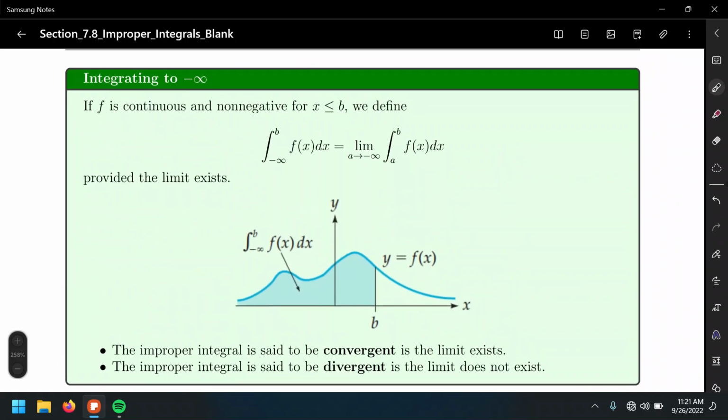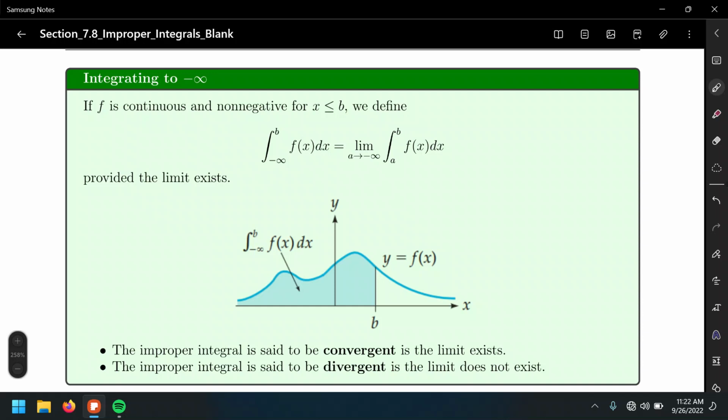So for the second case, in which the lower limit of integration is negative infinity: when we evaluate definite integrals, our generic form is to integrate from a to b. In this case, because our lower limit is negative infinity, we define this in terms of a limit, with a approaching negative infinity.